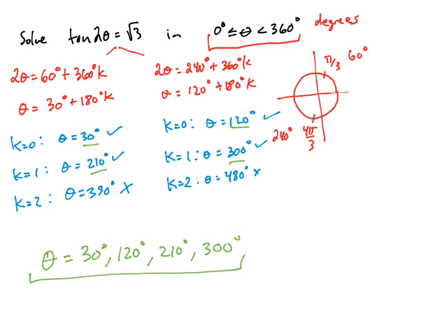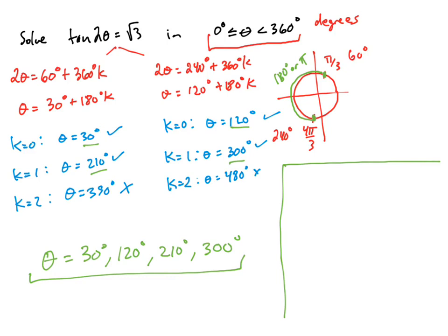Okay. Now one thing that we can do anytime we have a tangent equation is notice that the solutions for a tangent equation are always going to be 180 degrees apart from each other, or pi if we're in radians. So they're always on complete opposite sides of the circle.